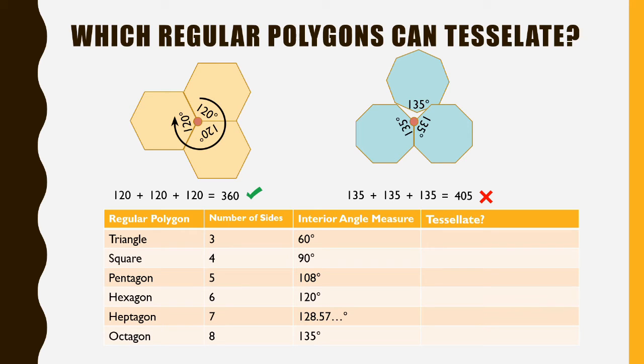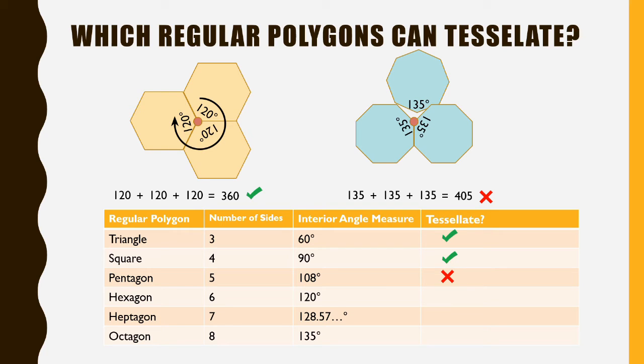Now let's look at the other regular polygons. Which of those can tessellate? Well, it's really about them being able to make 360 exactly. So 60 degrees does divide evenly into 360, so that one can tessellate. The square does divide evenly, 90 degrees into 360, so that one can tessellate. 108 does not divide evenly into 360. 120 for the hexagon does divide evenly.